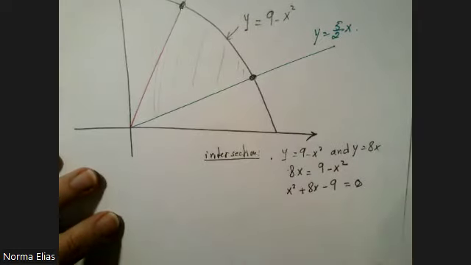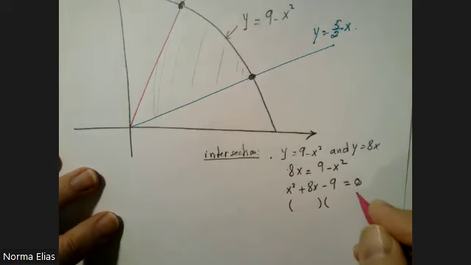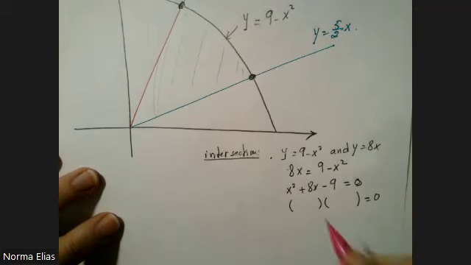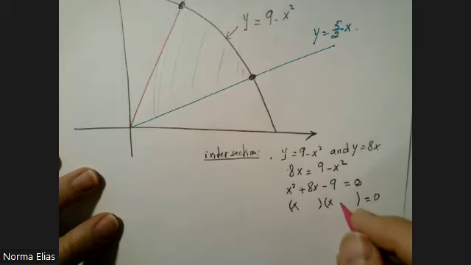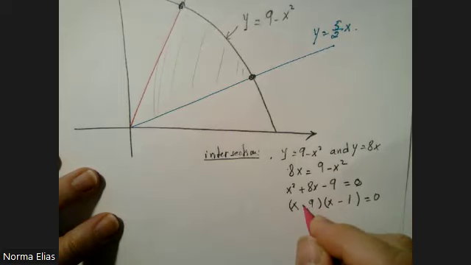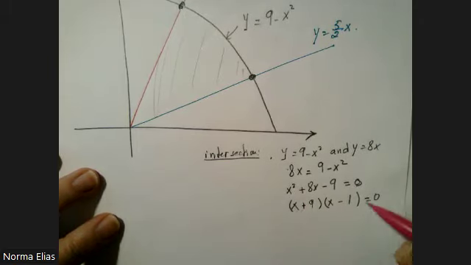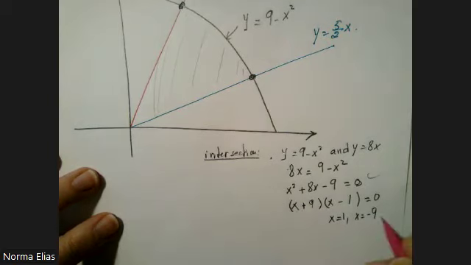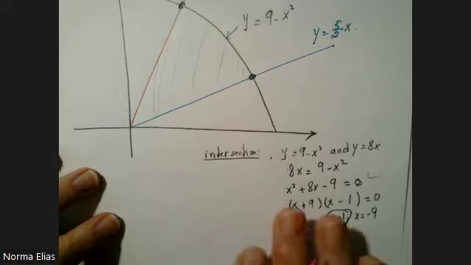Okay, and now I have to factor, unless I can't. It's a 1 somehow. So it is minus 1. And the other one has to be 9. And this has to be plus 9. x squared minus x plus 9x, correct. So this would give me x equal to 1, x equal minus 9. Definitely x equal to 1 is the one I'm interested in. Minus 9 is outside my domain.